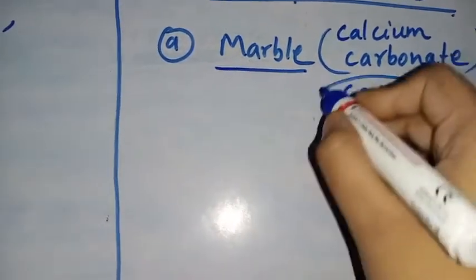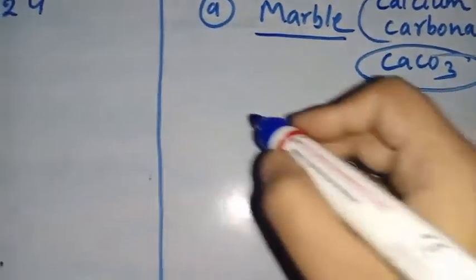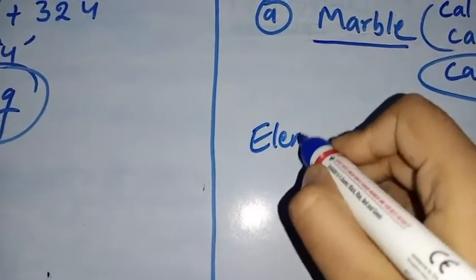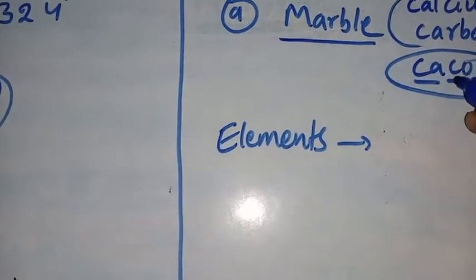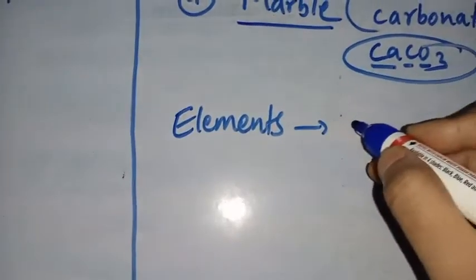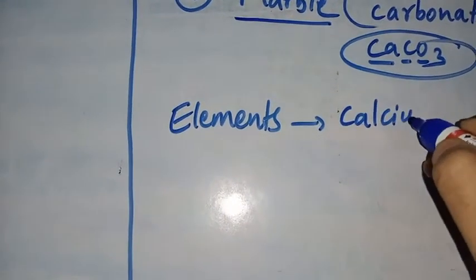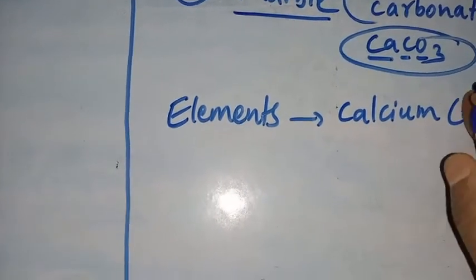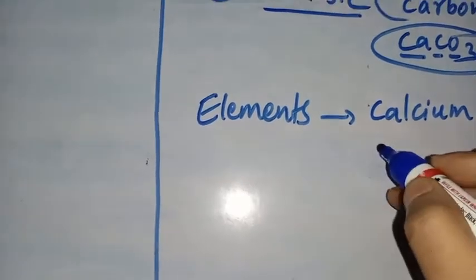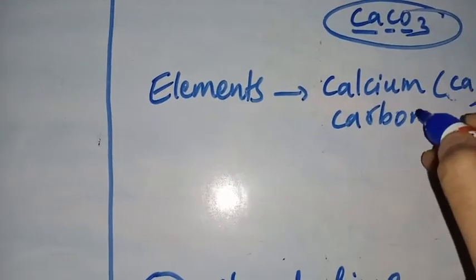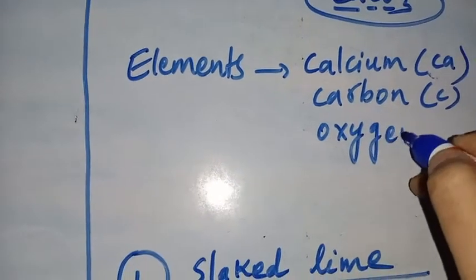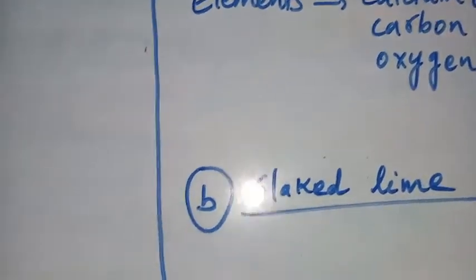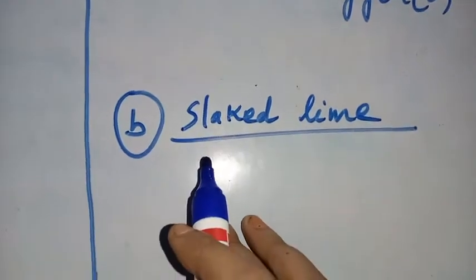Now that we have the chemical formula, we can write the elements present in it: first calcium, second carbon and third oxygen. So elements are calcium, carbon and oxygen.